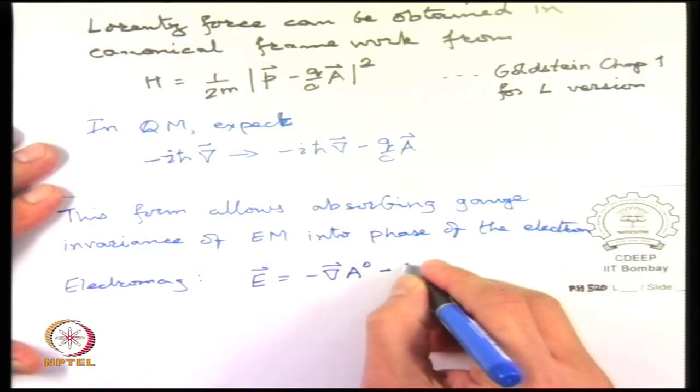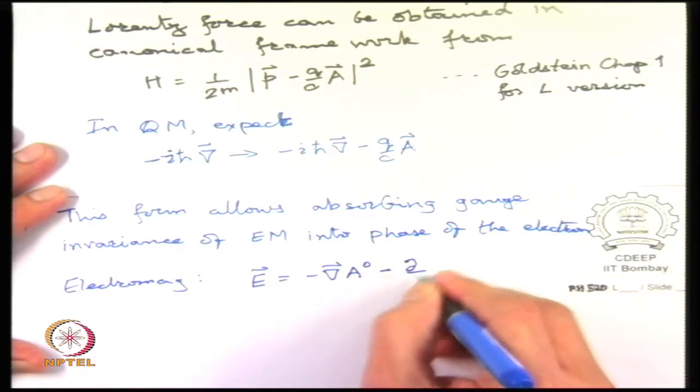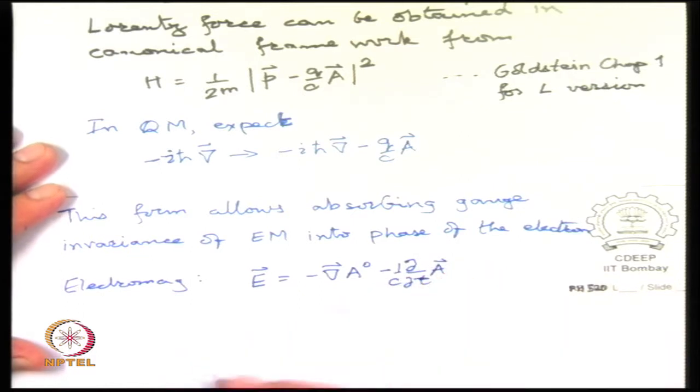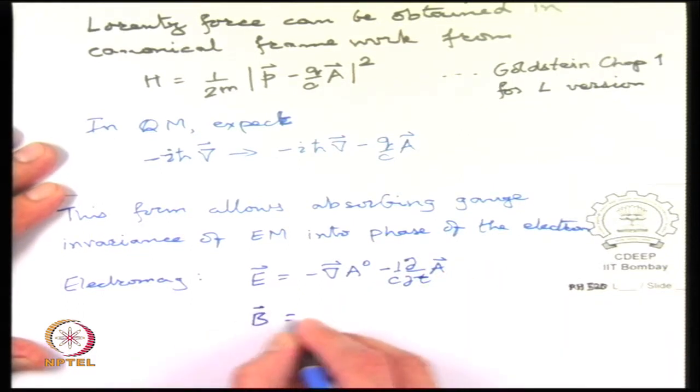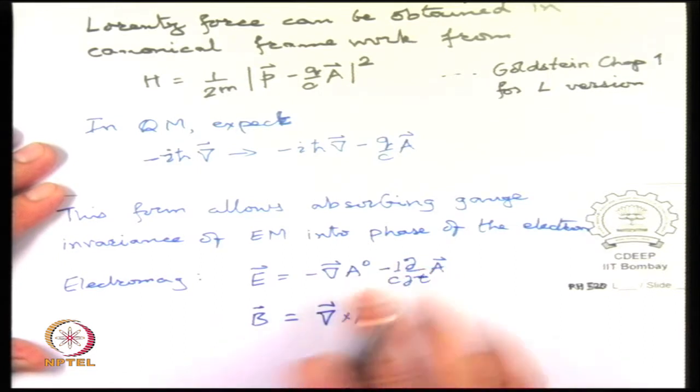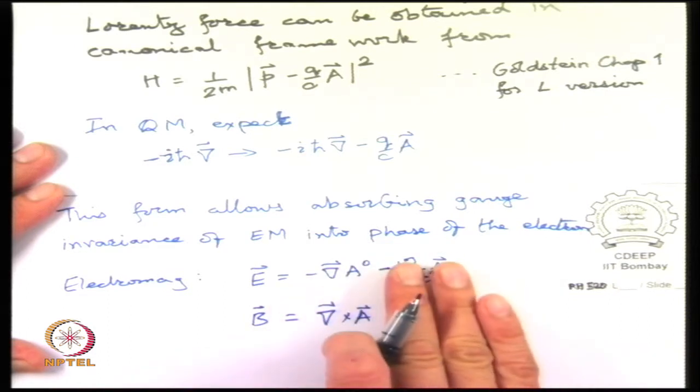gauge invariance of electromagnetism. So the gauge invariance of electromagnetism is E equal to minus gradient A0 minus 1 over c d by dt of vector potential A, and B equal to curl of A. So E equal to minus grad phi is of course the electrostatic statement.